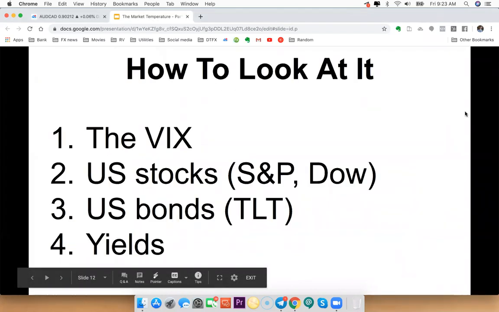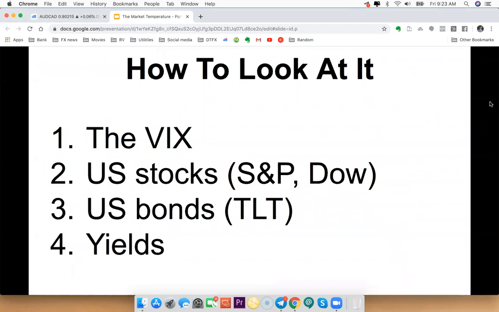Yesterday we talked in much more detail and in depth, and we'll talk briefly about it today, how we're going to use the VIX, stocks, bonds, and yields to find some of my favorite trading opportunities of the next, I don't know, 3 to 6 months, probably somewhere in there.